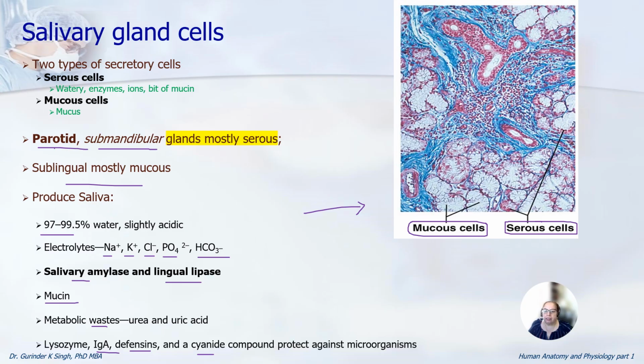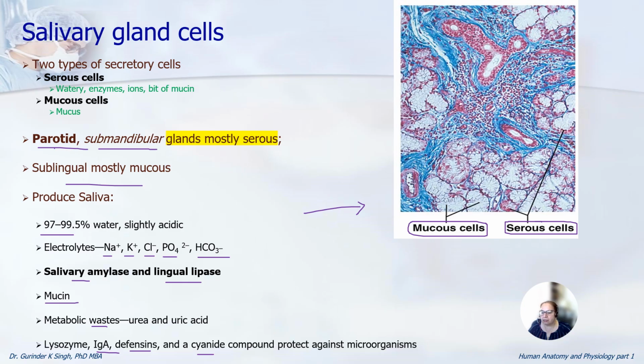Looking at the histology of the salivary glands, there are two types of cells. In this picture, you can see them. One has dark nuclei, and the other is more lightly stained. We have mucus cells, which produce mucin, which dissolves into the water and produces the sliminess in the saliva.